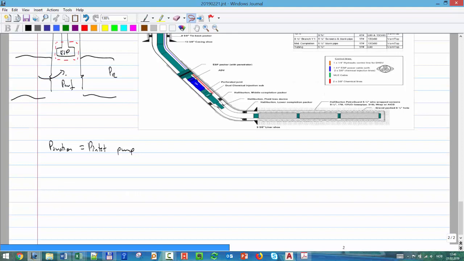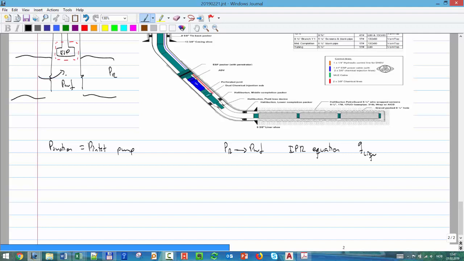So remember, from formation to bottom hole, I have to go from PR to PWF. I use my IPR equation that you already suspect. We have one equation for liquid, Q of the liquid. Here we use it for both phases.